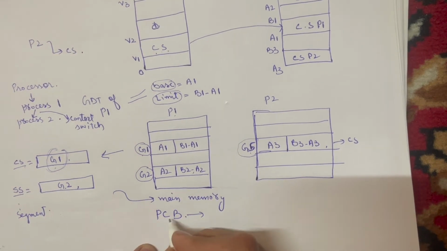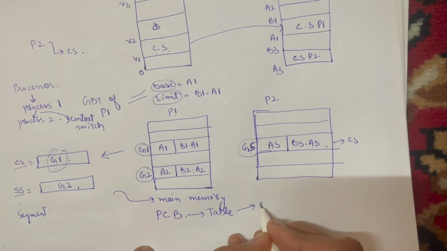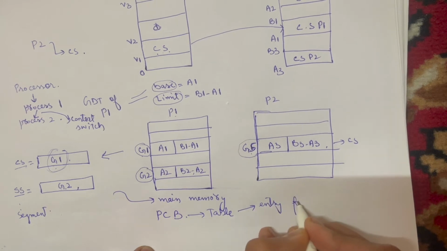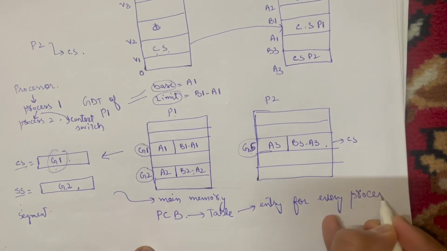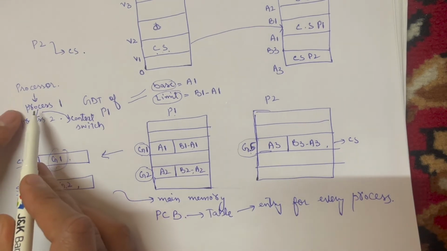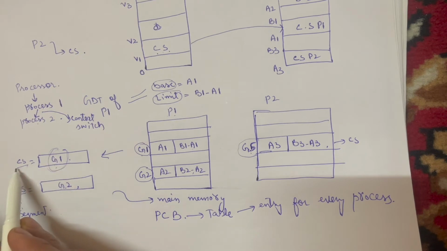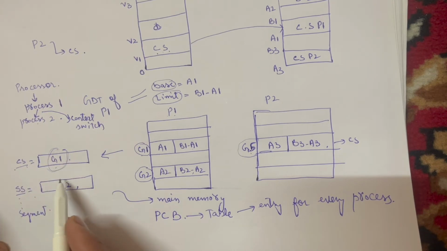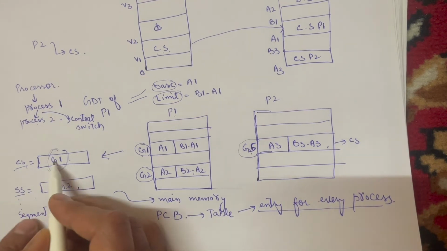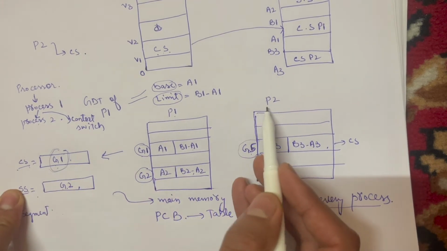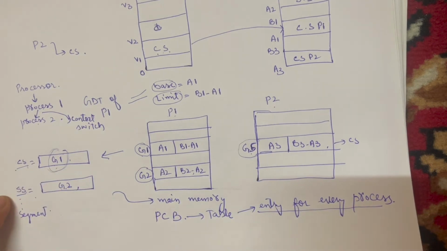It is kind of a table, with an entry for every process. When I make a context switch from process P1 to process P2, I store the segment register values of process P1 into its entry, and I load the segment register values of process P2 from its entry into the segment registers.